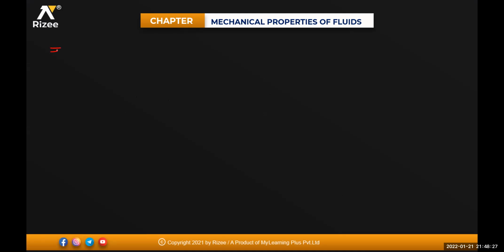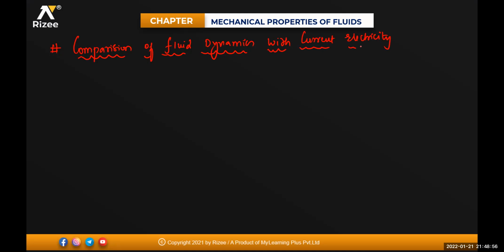Next one is comparison of fluid dynamics with current electricity. Comparison of your fluid dynamics with your current electricity.